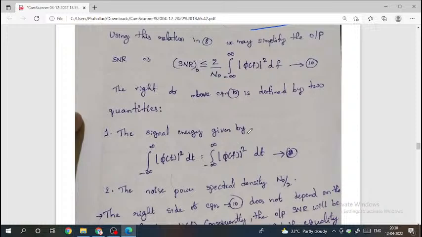These are the expressions. Rayleigh's, R-A-Y-L-E-I-G-H.